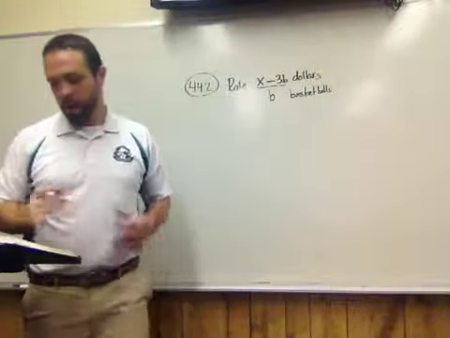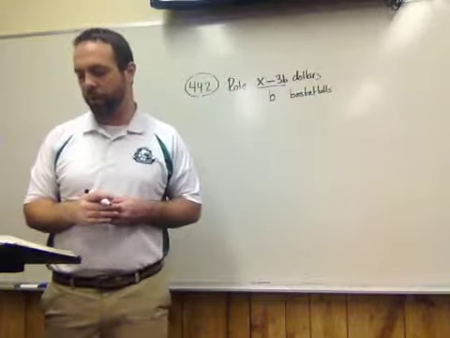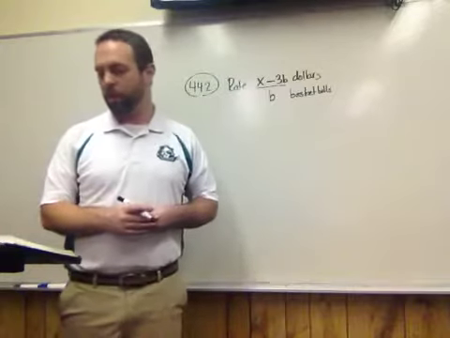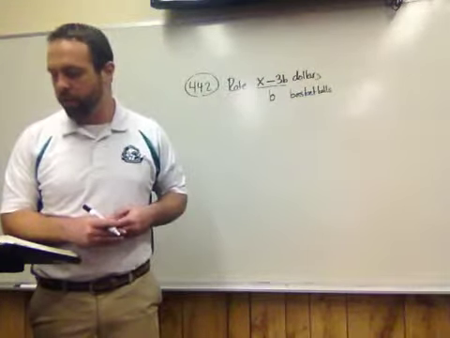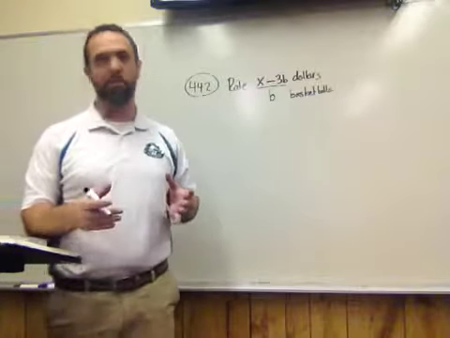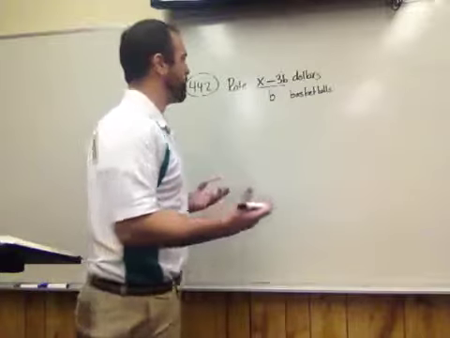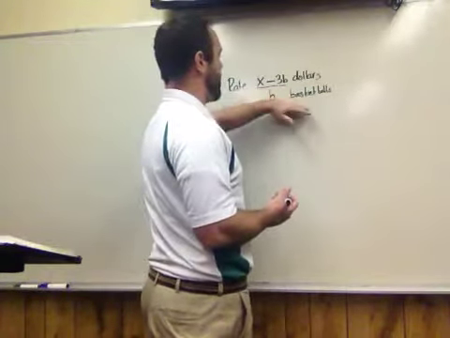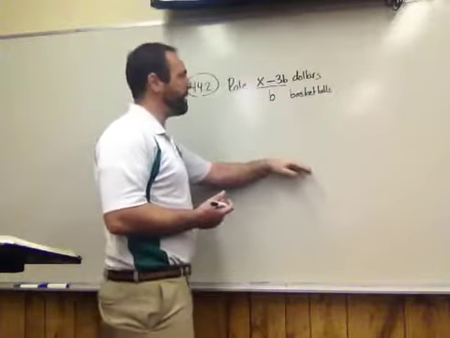Now they may do this a little bit differently, but the main thing that you want to make sure that you figure out is how do I cancel the variable. They want us to find out, if each basketball had cost $3 less, how many basketballs. So I'm solving for basketballs. Since the basketball variable is in the denominator, and I want that in the end, I don't want it in my denominator.